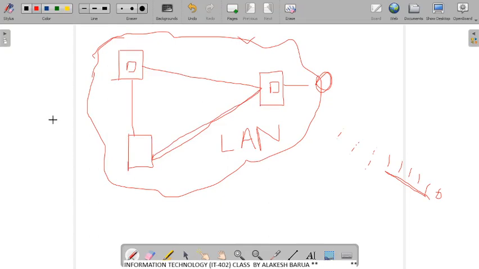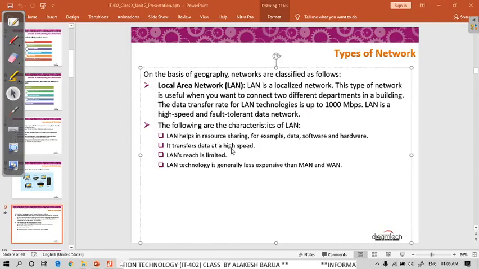If the geographical area increases, if the computer is situated outside a certain area, then the signal becomes weak. Since LAN is a local area network, the computers are localized in one area, that means the signal will be strong, and the data exchanged in a strong signal transfers at a very high speed. So LAN transfers data at a high speed.